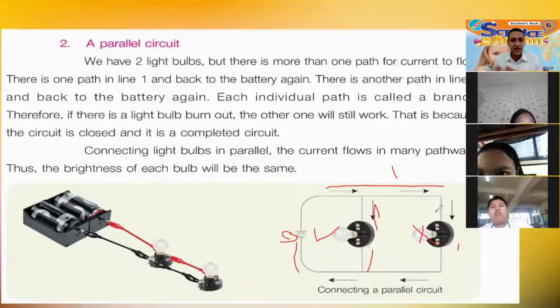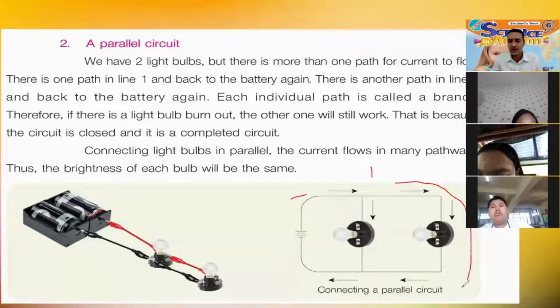So there is another path in line 2 and back to the battery. Like you see here, path 1 is this one, electric current flows from here, continues, and then back to the battery. The other path is where the electric current flows from the battery, comes here, and with the help of the second path, comes directly back to the battery.